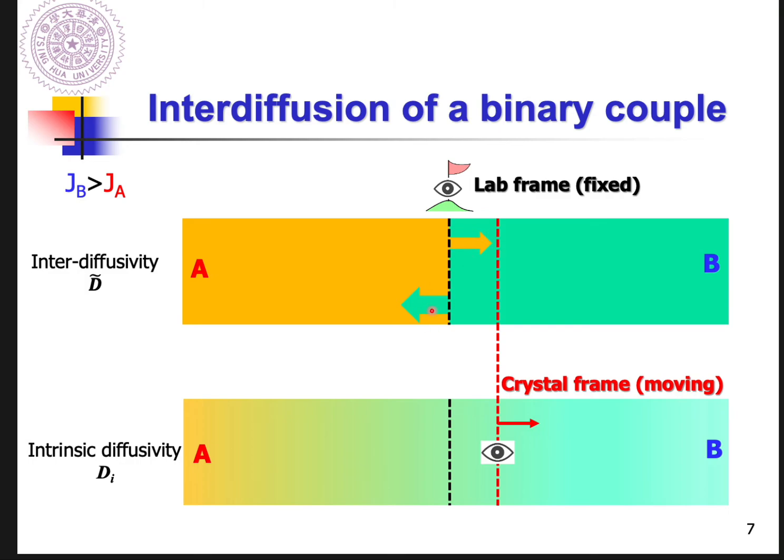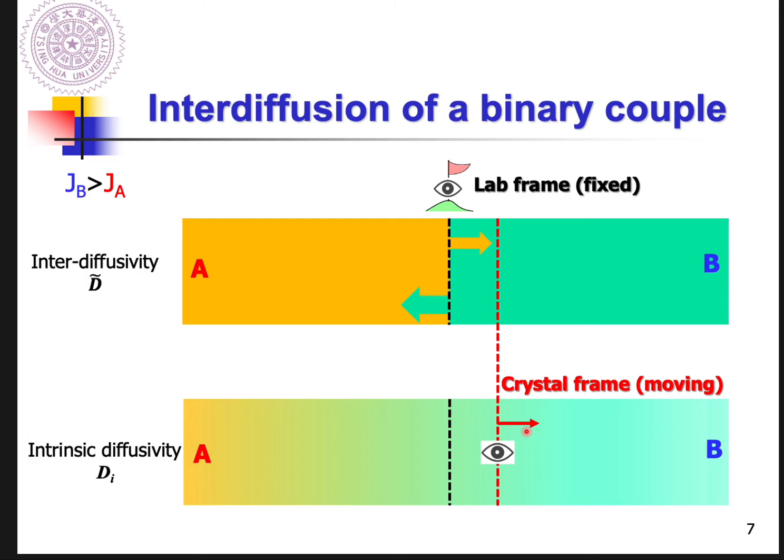So based on this, can you determine which direction this interface moves? Since JB is larger than JA, more B atoms move to the left-hand side, so that is going to push this interface toward the right-hand side. So the interface is going to move to the right-hand side with velocity v, right?